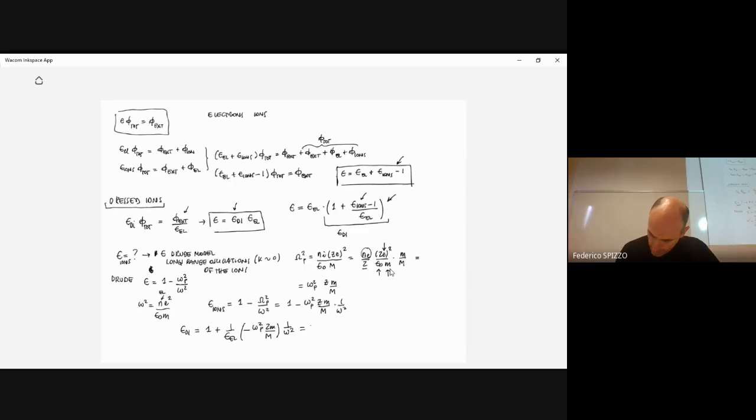So we have 1 minus omega squared of plasma, Z m divided by the electronic contribution to the dielectric constant divided by omega squared.